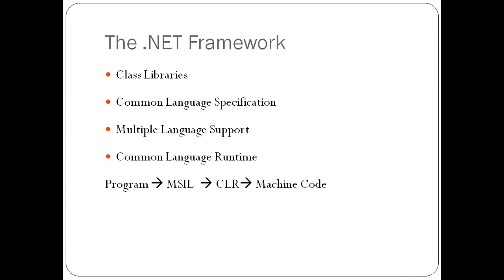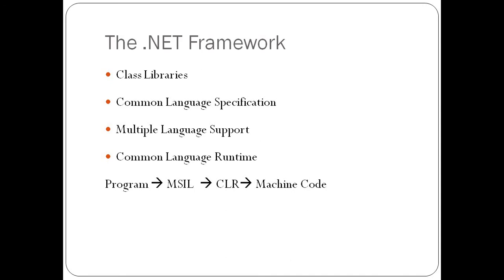So this is what the .NET Framework is. First we have class libraries. Let us revise it in brief. .NET Framework is made up of these main factors. If VB.NET is famous to this date, it is only because we have a platform called .NET Framework, and .NET Framework contains these main entities.